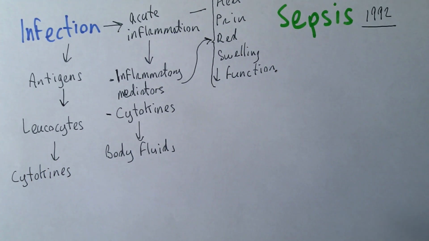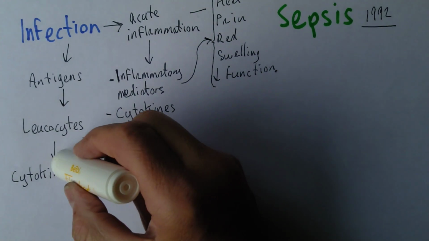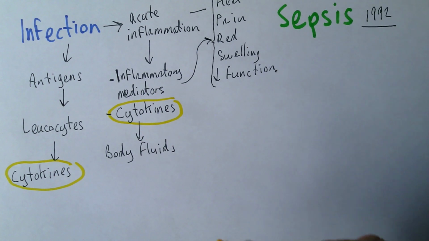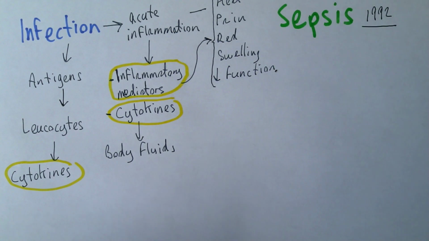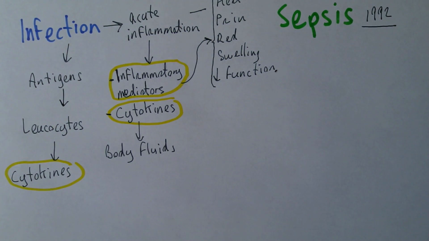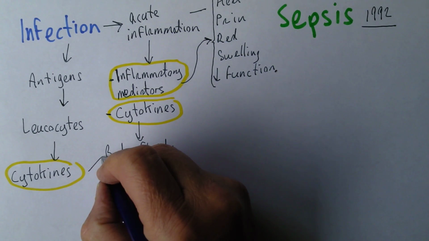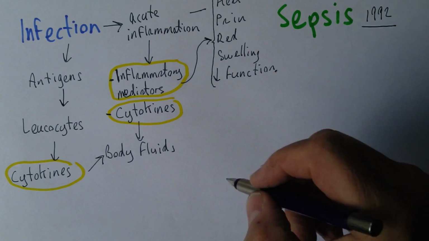So you can see we're going to get cytokines from the damaged tissues, along with inflammatory mediators, and we're also going to get inflammatory mediators as a result of the infection. And the cytokines released from the leukocytes are also going to go into the body fluids. So we now have body fluids containing cytokines which are circulating systemically.